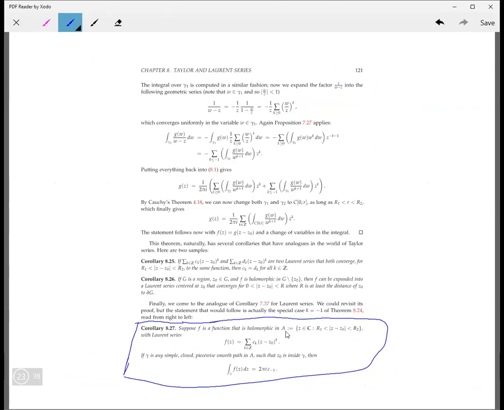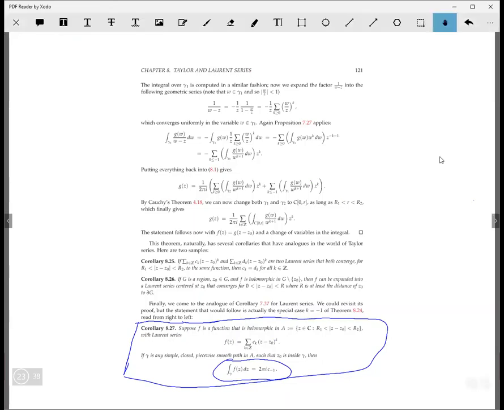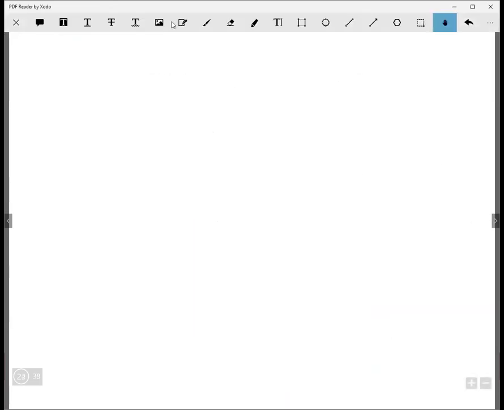Here's the thing: if you can split it up into a Laurent series, I'll try to give you an example. So this in particular is what we're looking at. But let me try to explain this on this page here.